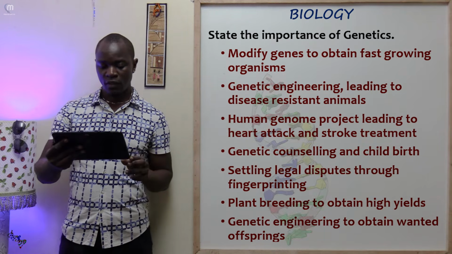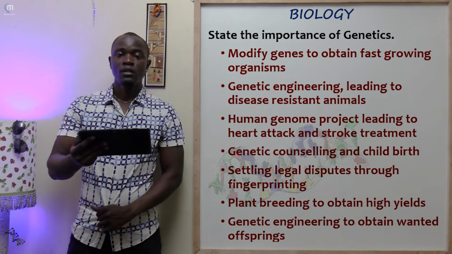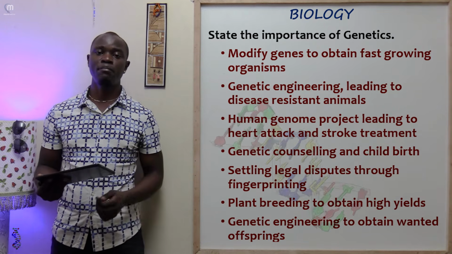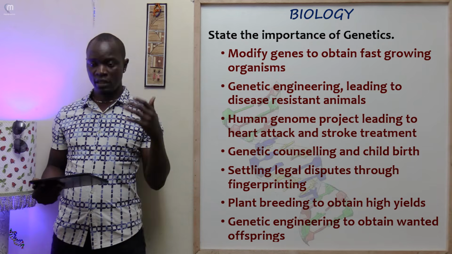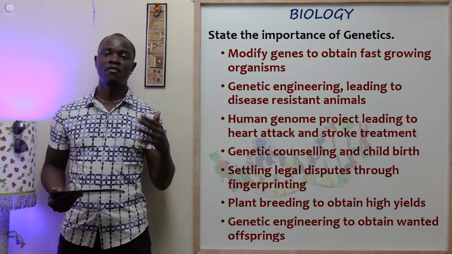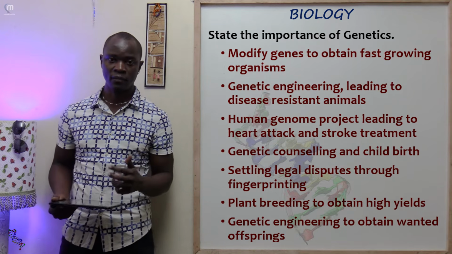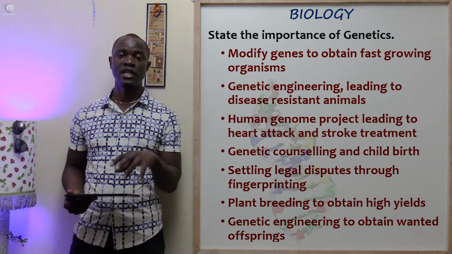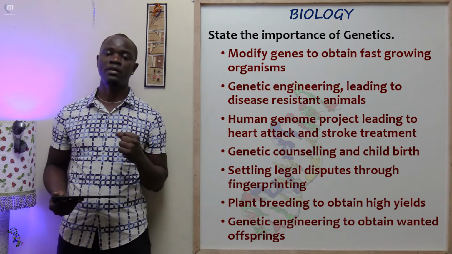So also through genetic engineering, unwanted offsprings can be prevented. Maybe for instance, in this family we have people who are dunderheads. But in this family now, we want an offspring who is intelligent, who grasps everything very fast.